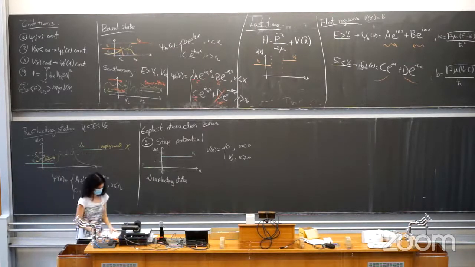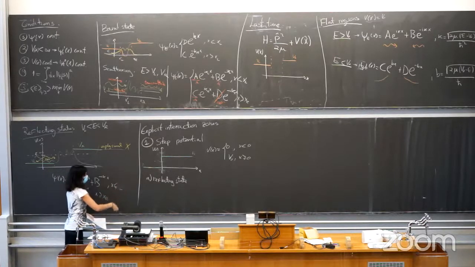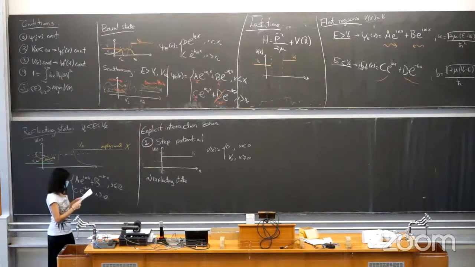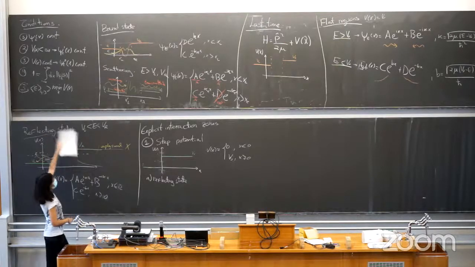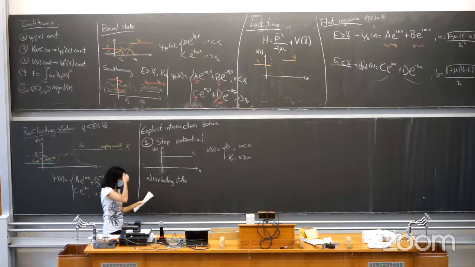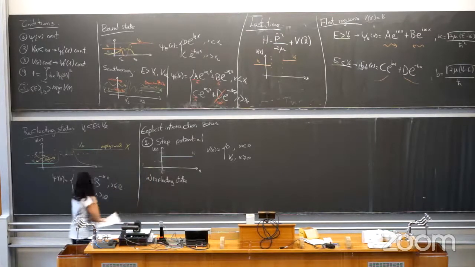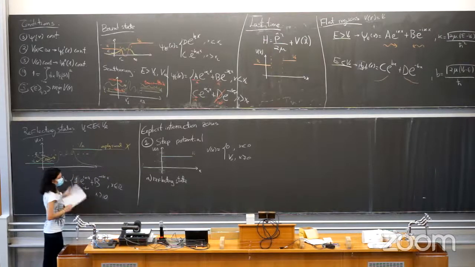So we have this solution, but now with x smaller than 0, and here x larger than 0. And now we're going to apply all the continuity conditions to see how to find these coefficients a, b, and c. First, we take a equals 1. As I said before, this will come from the normalization at the end, so we don't worry about it.